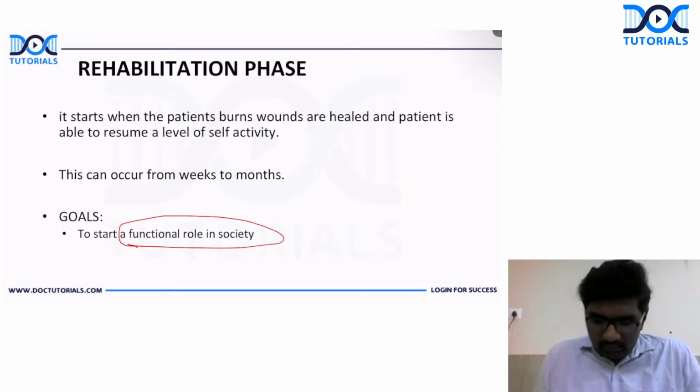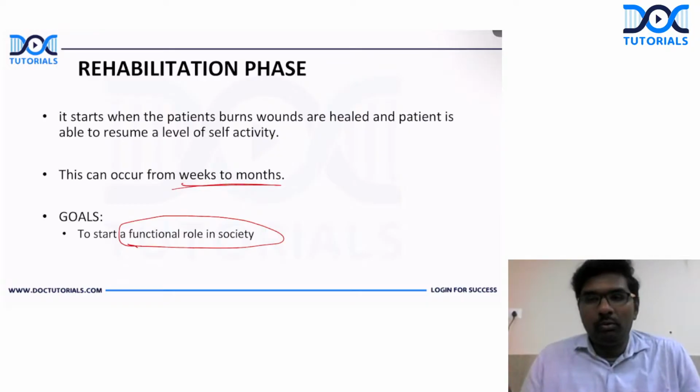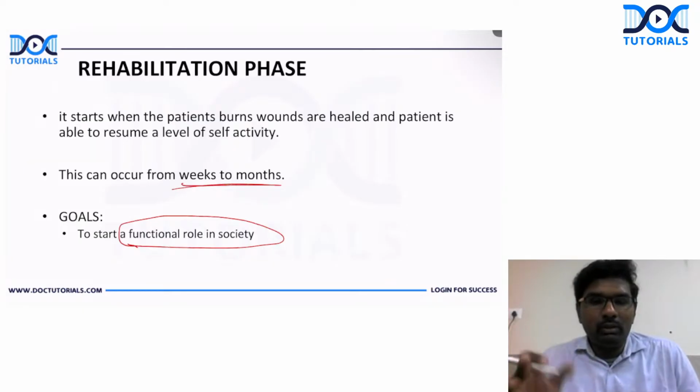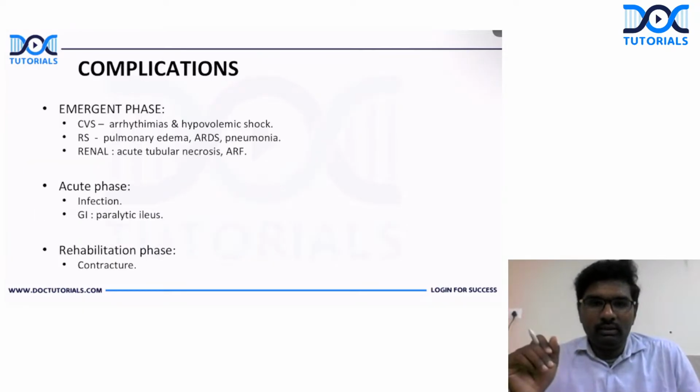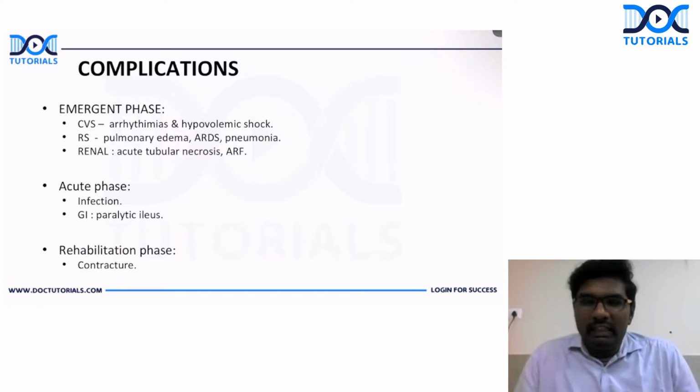This can take weeks to months. Some people may heal and go home after 7 days, or some may need treatment for 3 to 4 months after burns. After going home, we should make the patient functionally and socially active. This social activity is very important for their mental health. So this is about the management.